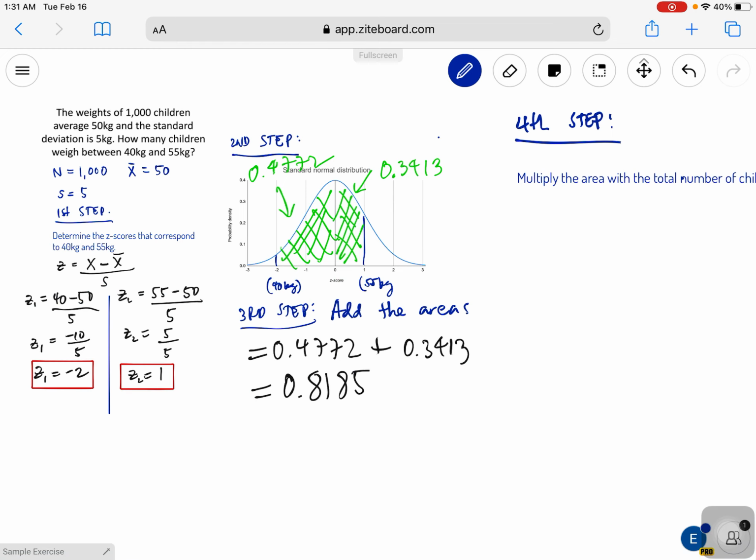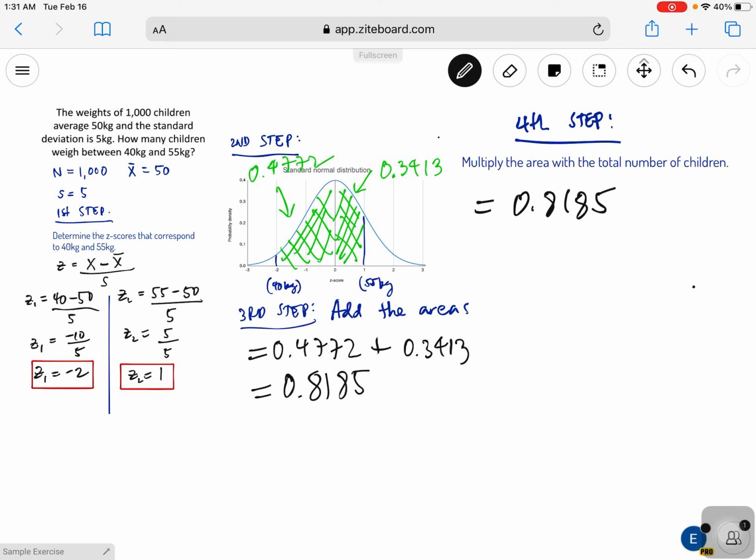The area that we have here is 0.8185. We multiply it with the total number of children, which is 1,000.